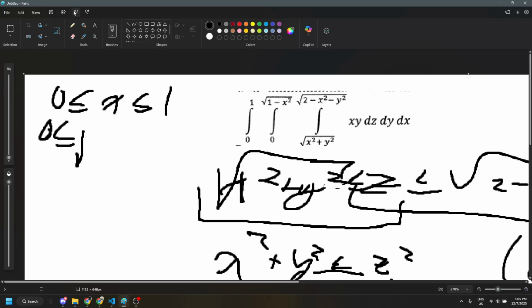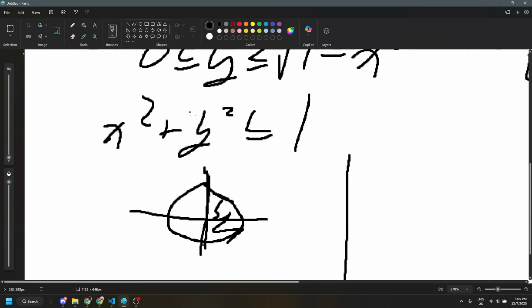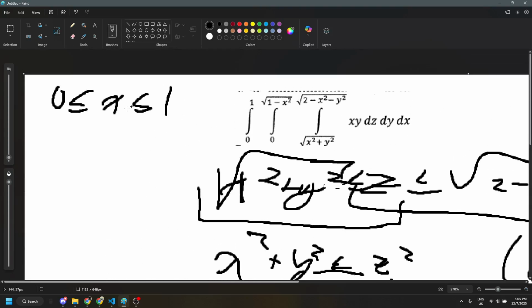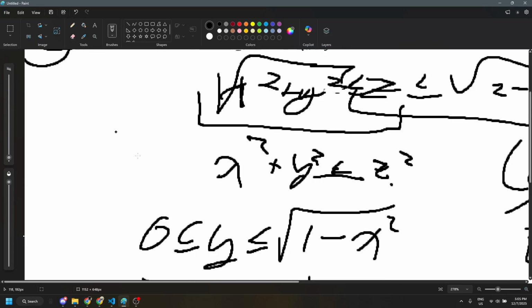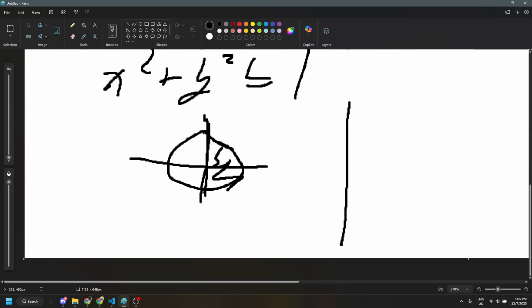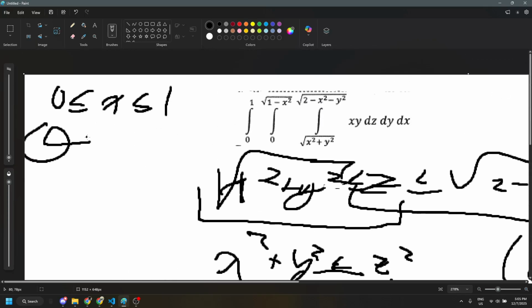I don't want to do the entire rho thing here, because we already know x and y are like this, so we could just know theta visually. It's only in this quadrant, so theta is from negative pi over 2 to pi over 2.